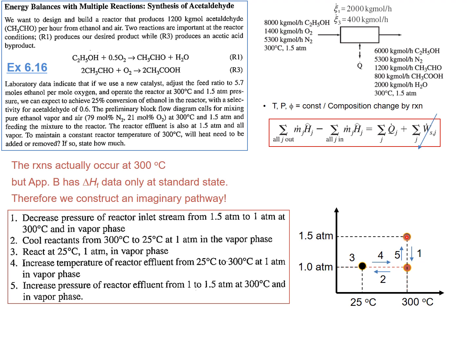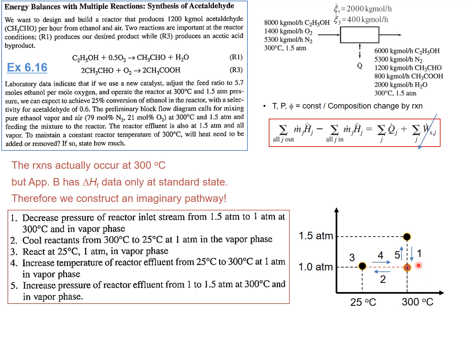We should go to the reference point, where I mean the data point about the enthalpy value. Then we should go back. So step 1 is to decrease the pressure from 1.5 atm to 1.0 atm at 300 Celsius degree.